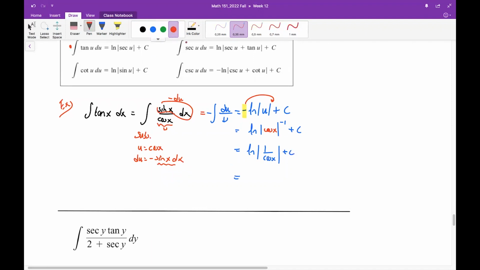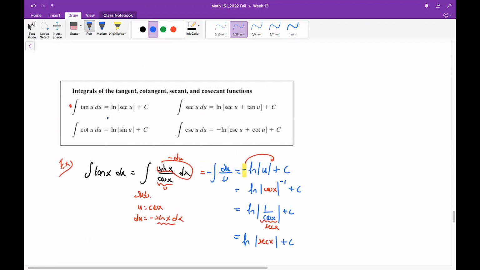What is 1 over cosine x? It is, in fact, secant x. So the result is ln absolute value of secant x plus an arbitrary constant c. So this is how you obtain this first rule here.